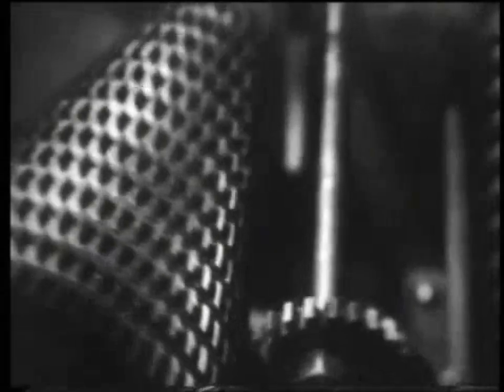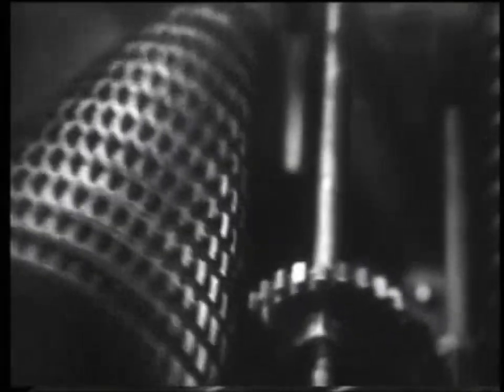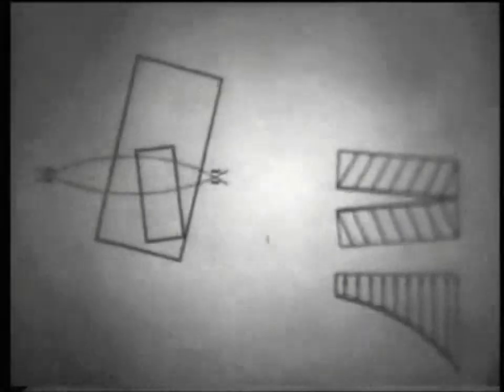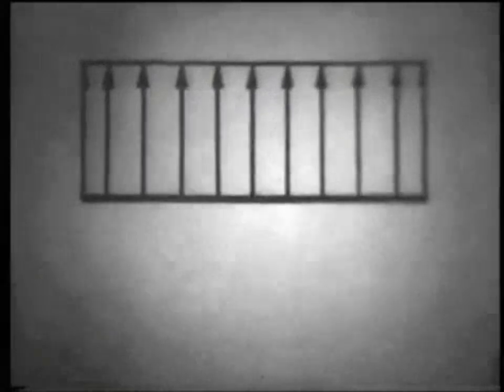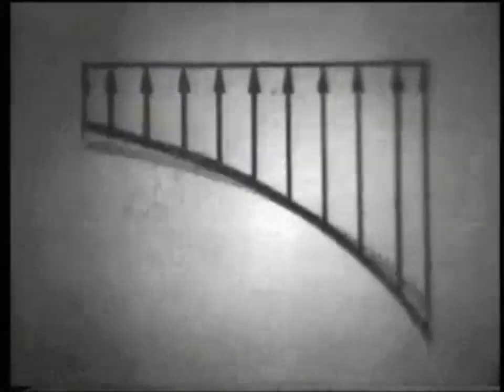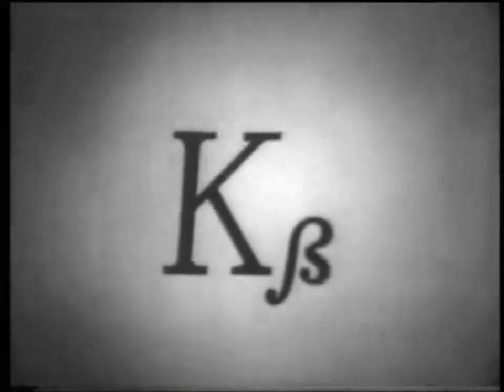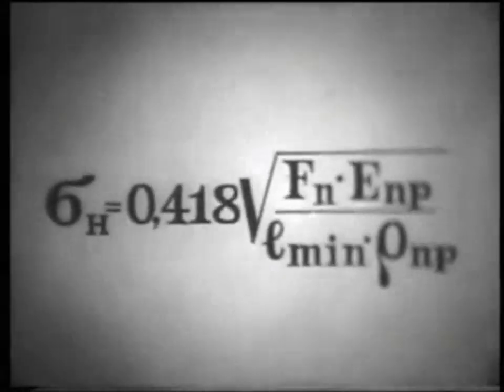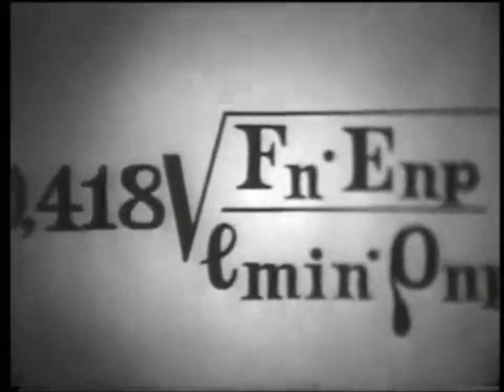When the shafts and supports are deformed, the teeth are skewed, and the load is distributed unevenly across the width of the tooth. The unevenness of the load is taken into account by the coefficient K beta. The calculated load is entered into the Hertz formula.